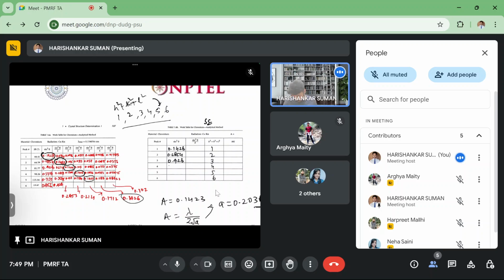0.428, 5718, 7139, 856. Then divide by 8, we will get 2.